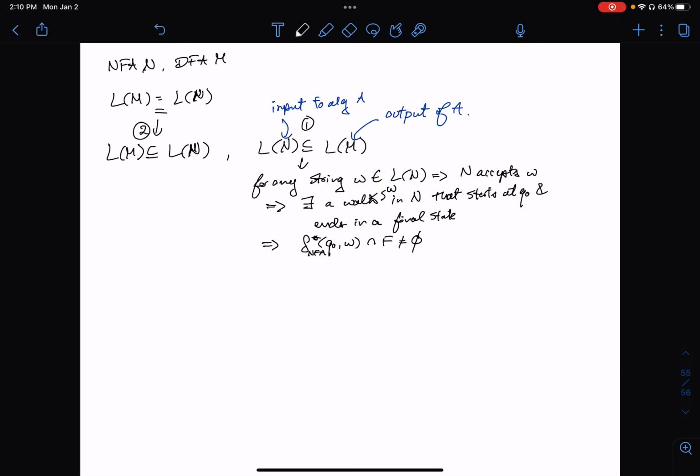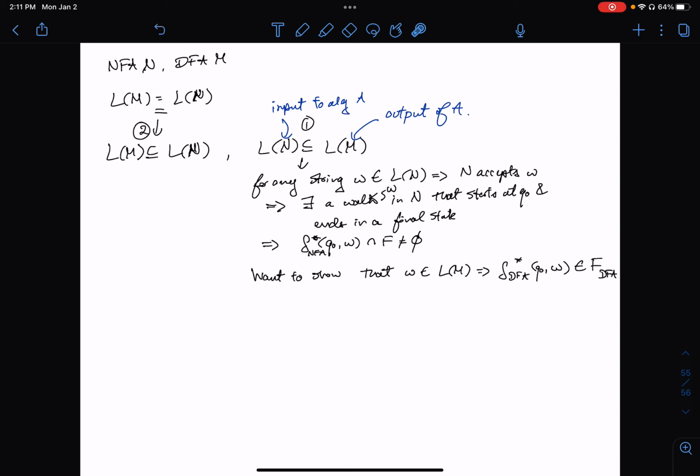Okay? And so you start by taking a string in L of N, and then you want to show that W is also an element of L of M. That is, in the DFA, when you give it the string W, it goes to a final state. So in the DFA, when you start at Q0 and you read W, it goes to a final state of your DFA, okay? The whole idea behind the argument is that this is what your conversion algorithm was trying to do, right?